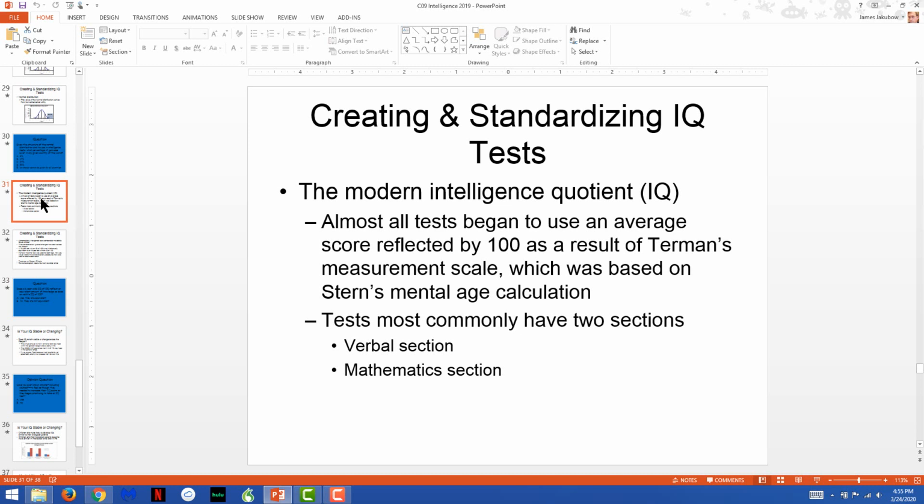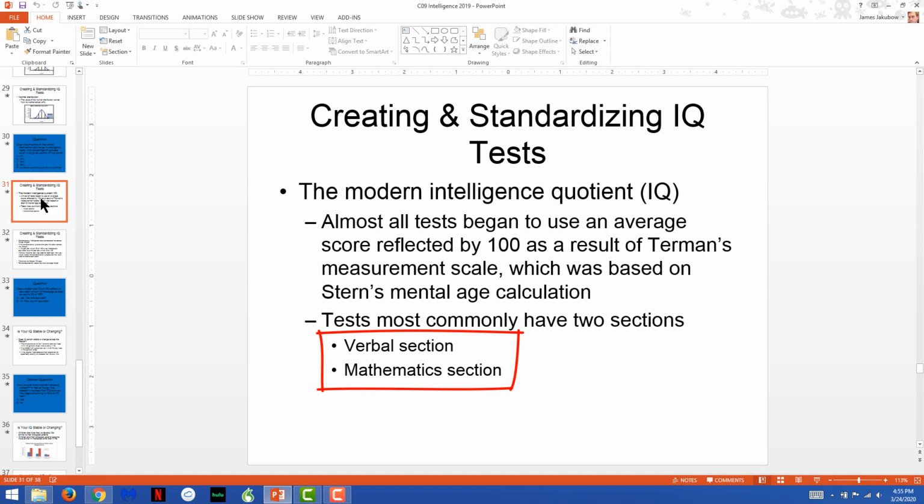Most people recognize the value of 100 as being average, and because it simply is an arbitrary selection, most researchers have created IQ tests with a value of 100. Other than that arbitrary value of 100, most IQ tests generally have two particular sections, a verbal section and a mathematics section.